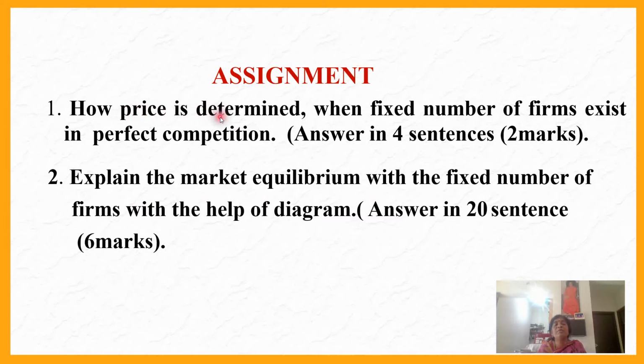You have to draw the demand curve and the supply curve, just mention the equilibrium point, say the price corresponding to the equilibrium point is called the equilibrium price, and define the equilibrium price. Draw the diagram. That's enough. Here it is a 20 sentences answer. What do you have to do? Explain the market equilibrium with a fixed number of firms with the help of a diagram. Whatever I have discussed in this video, you have to write for this.